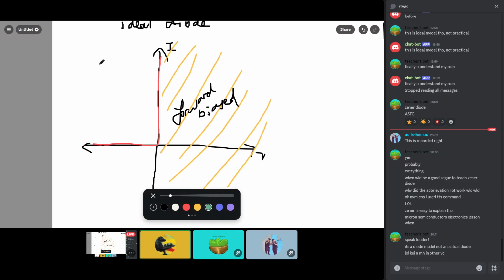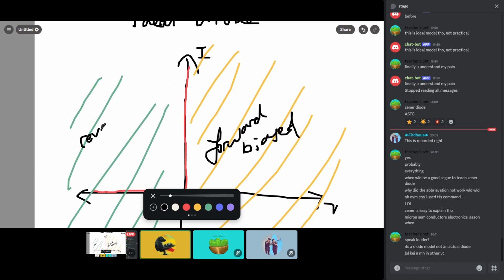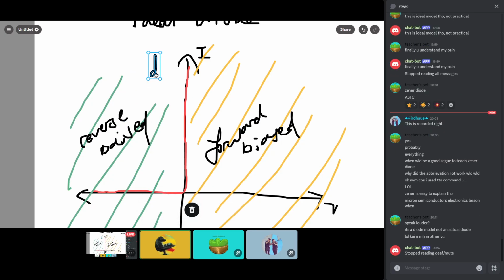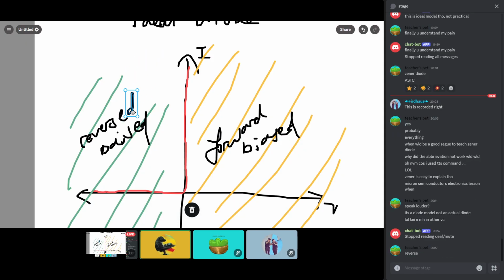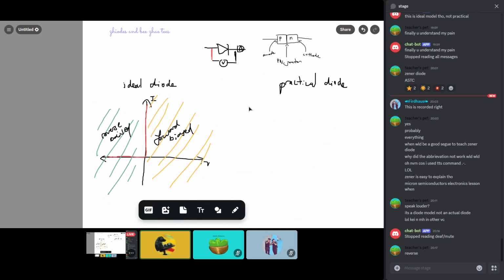And in this region, we say that the diode is reverse biased. Okay. And that's the graph of an ideal diode.